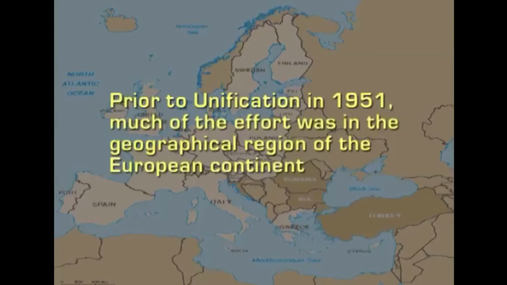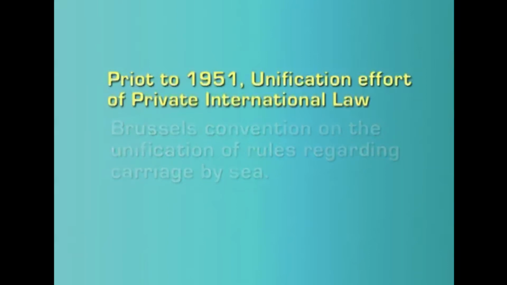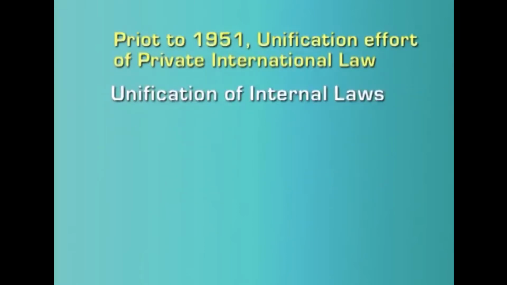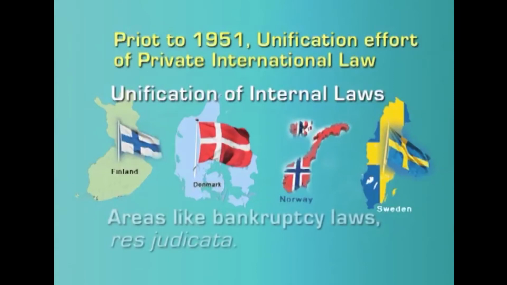Prior to unification in 1951, much of the effort was in the geographical region of the European continent. Brussels Convention on the Unification of the Rules regarding Carriage by Sea, Warsaw Convention on the Rules regarding Carriage of Persons and Goods by Air in 1922, unification of internal laws in countries like Finland, Denmark, Norway and Sweden in areas like bankruptcy laws and res judicata.